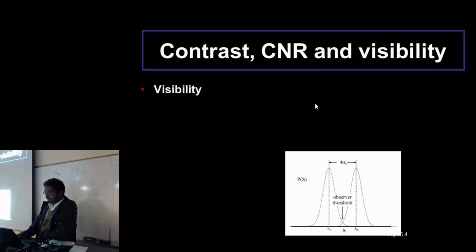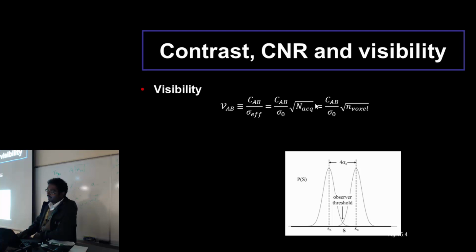Now, visibility is something that you can quantify, whether an object would be visible. There's a criterion for it to be visible, which, if it's satisfied, you will be able to see. You can understand that by looking at the two Gaussian distributions here.